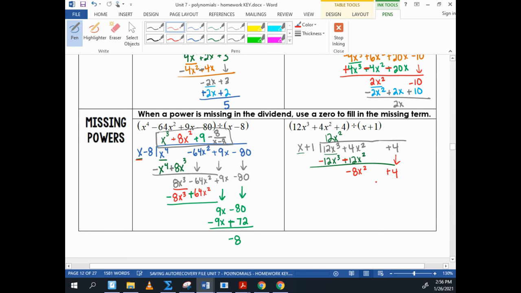What do you multiply this x with right here to get a negative 8x squared? Well, you need a negative 8x right there. And then go ahead and distribute. Negative 8x times x gives you negative 8x squared. Negative 8x times 1 gives you a negative 8x right there.